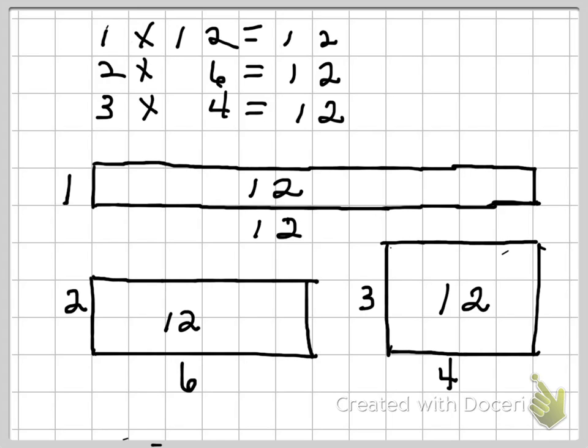All right, let's try another one. This time we're going to try a larger product. And because we're trying a larger product, we're not going to use the graph paper. We're just going to draw a rectangular area model, just like we've done in the past. So let's try the factors of 18. What are the whole numbers that, when I multiply them together, give me 18?